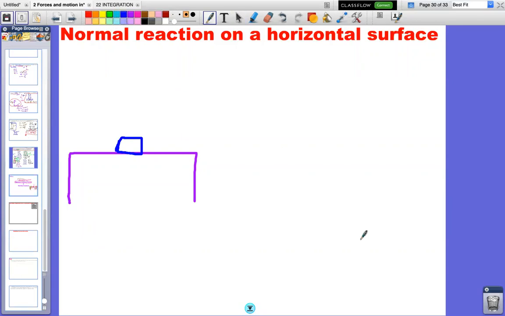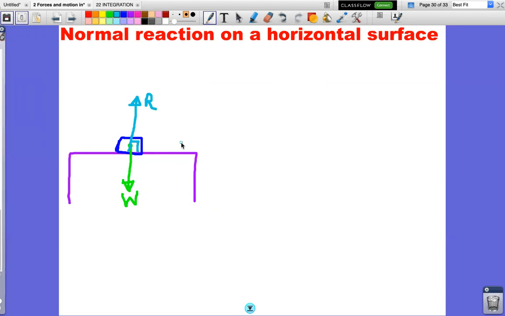Now, why is it at rest? We know that normally there is a weight force acting on this book, the weight of the book. But the book is not moving down and it's not moving up. It means that there must be another force acting on this book in the opposite direction to cancel the weight, right? That force is the normal reaction. It is at 90 degrees to the surfaces in contact.